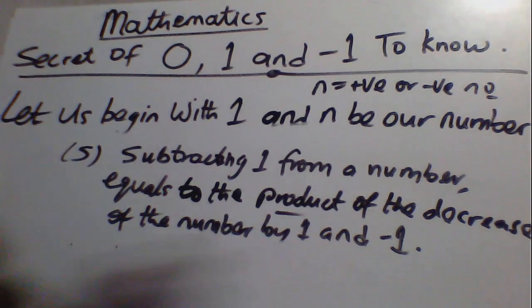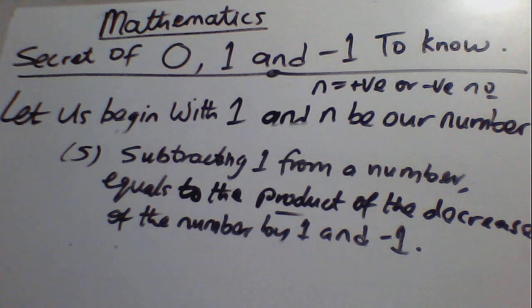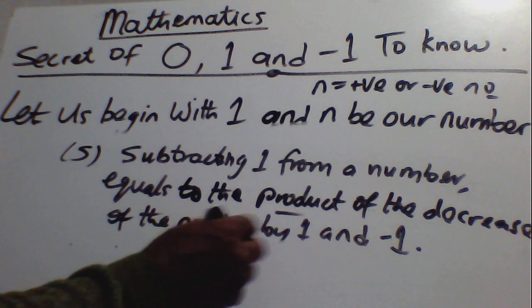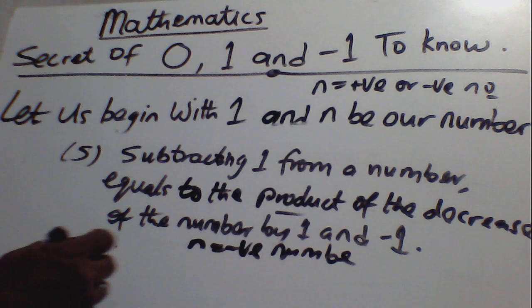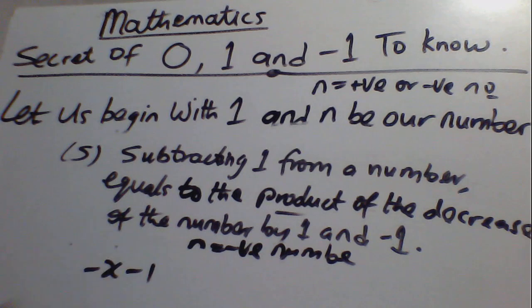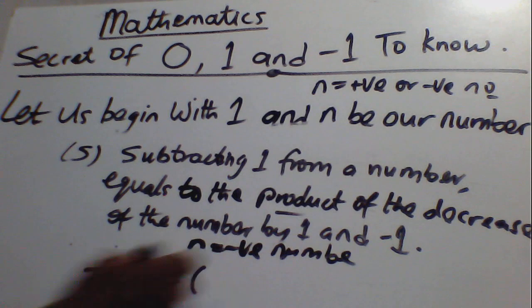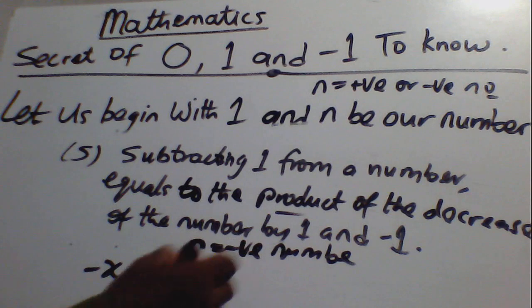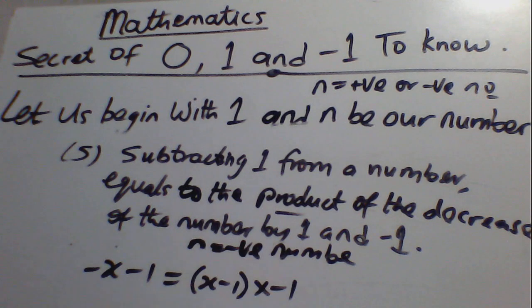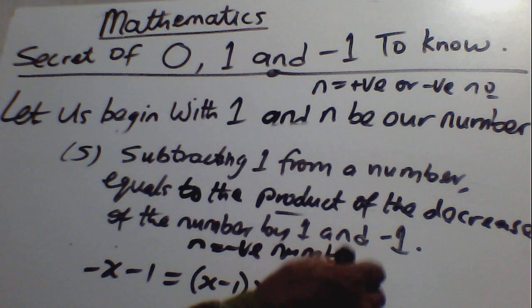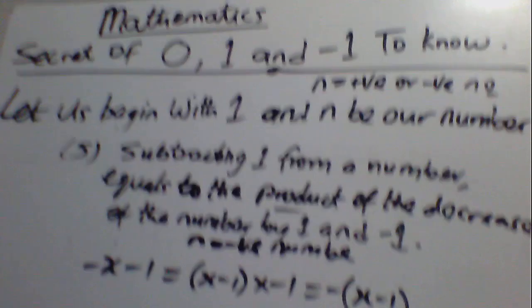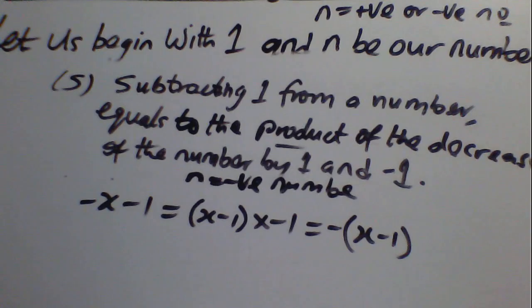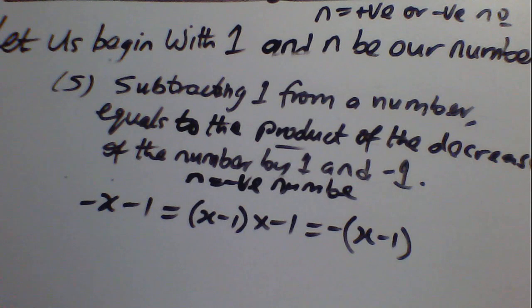If the number is negative, that is n is a negative number, as I have stated, for variables you now have minus x minus 1, which is equal to the product of the decrease of the variable, x minus 1, and minus 1. So this will give us minus in bracket x minus 1. So the statement is also true for variables.